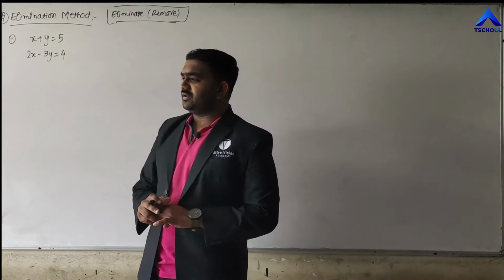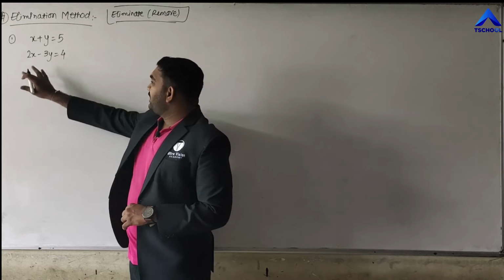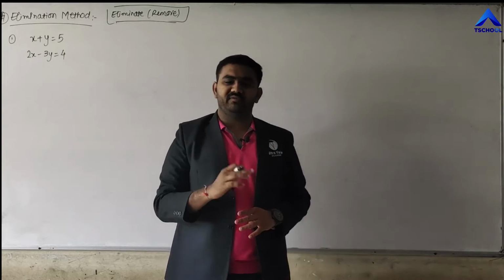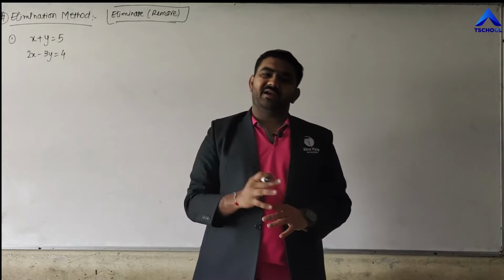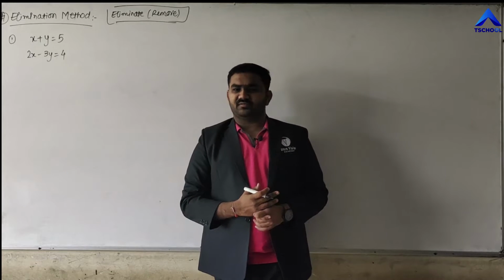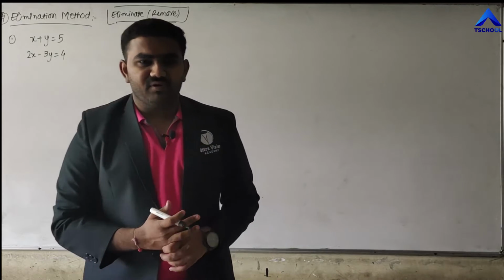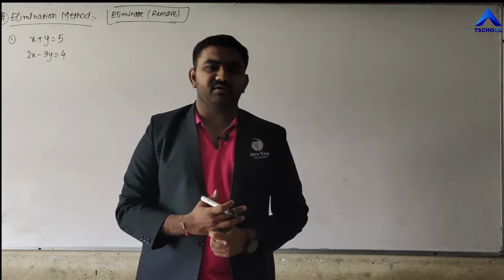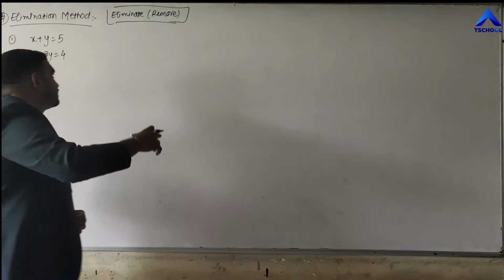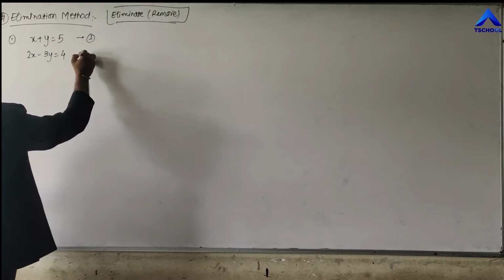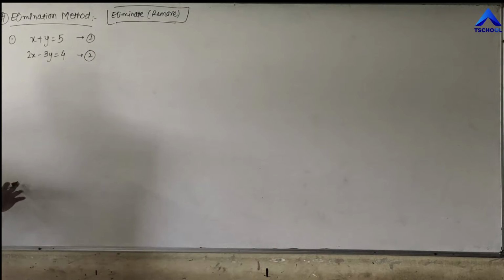Looking at the equations, we can see that we do not have any coefficients the same. That means neither the coefficients of x are the same nor the coefficients of y. So what we are going to do first is make either of the coefficients the same. Let me say the first equation is my equation number 1 and the second one is my equation number 2.